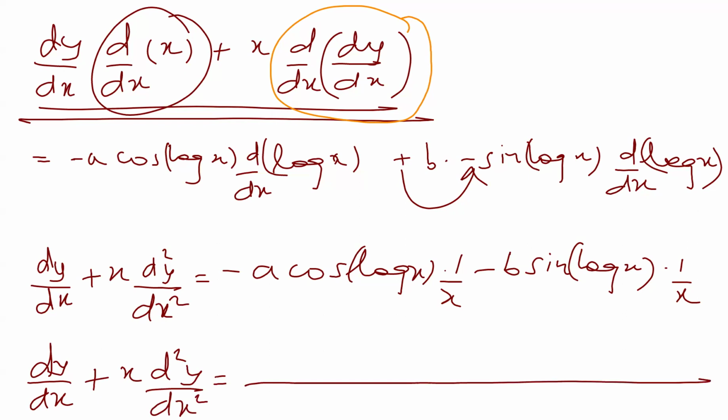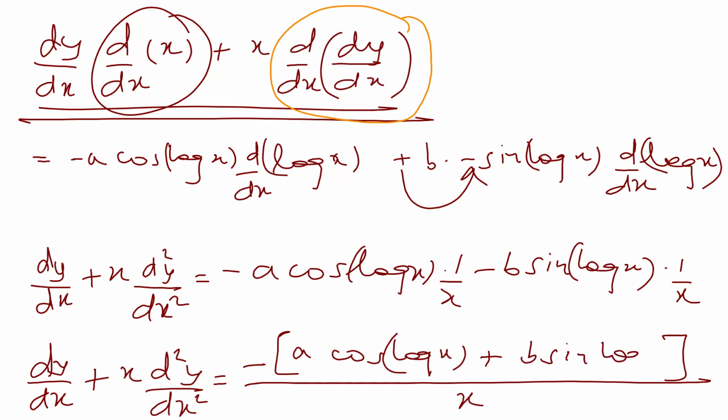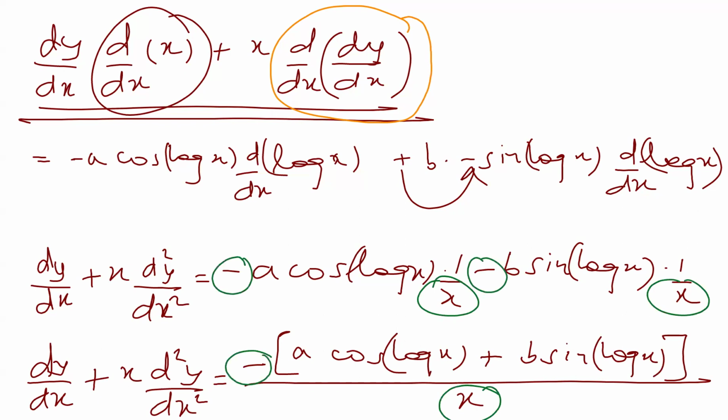So dy by dx plus x d square y by dx square. We have a common denominator x once again, and I've taken the minus sign common from the numerator: minus a cos log x plus b sin log x, the whole upon x.